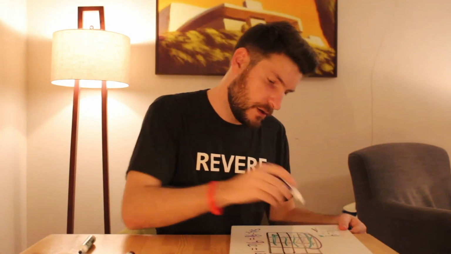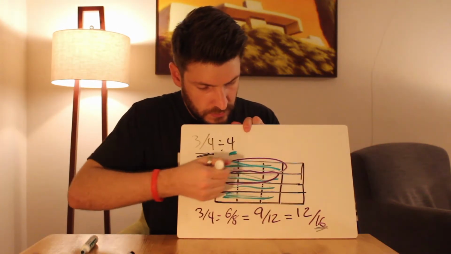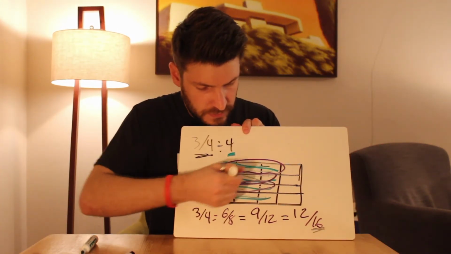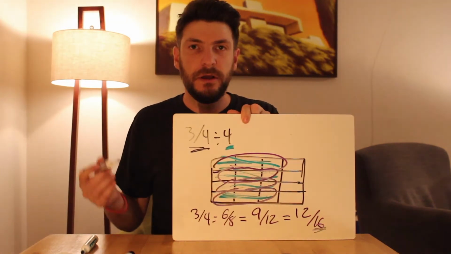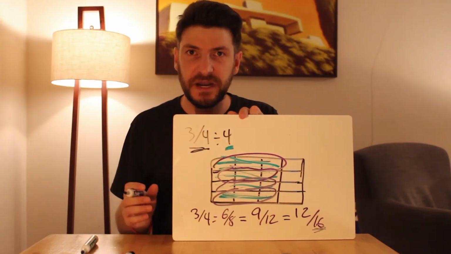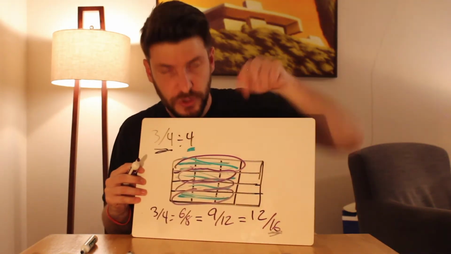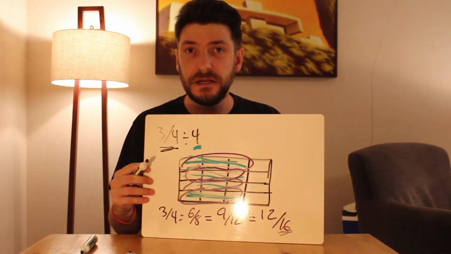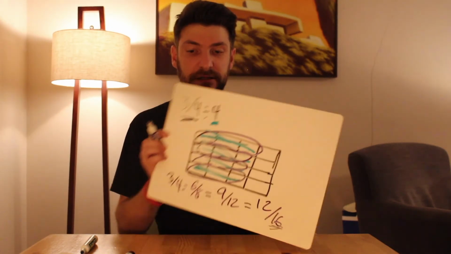There's one right here, one right here, one right here, and one right here. How many shaded boxes are in each group that I made? Well, we can count. 1, 2, 3. 3 out of 16 total boxes.